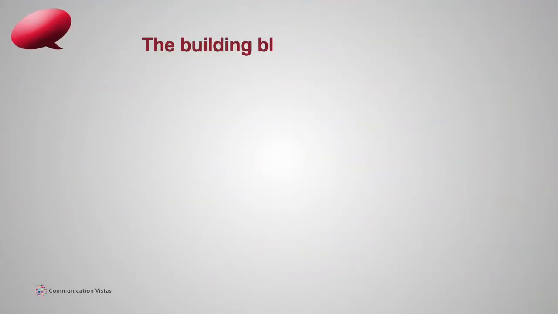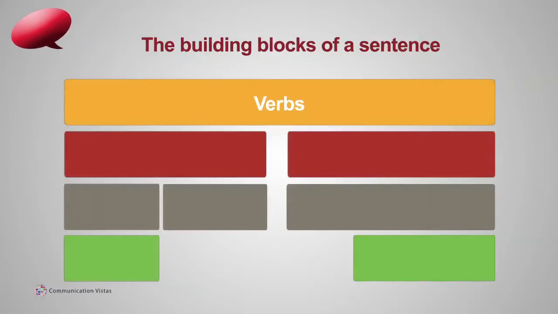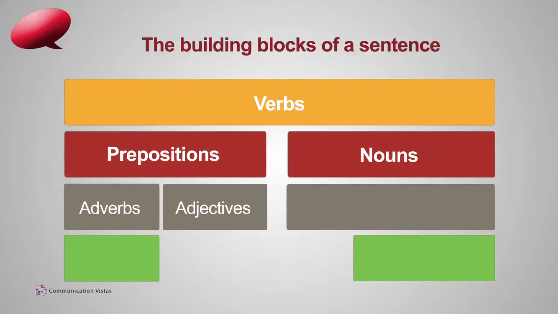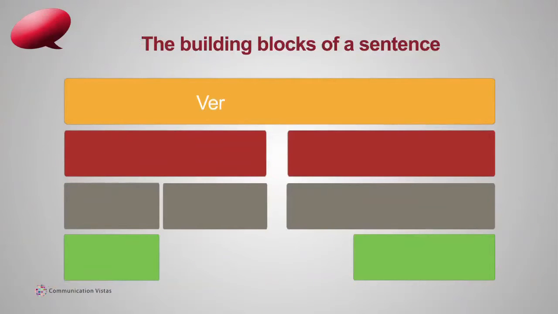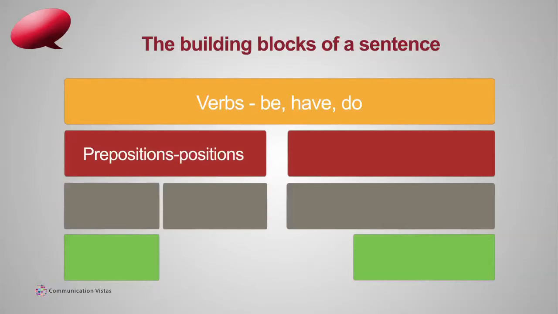The building blocks of a sentence: verbs, prepositions, nouns, adverbs, adjectives, conjunctions, pronouns, interjections. Verbs tell us what the subject is, has, or does. Prepositions tell us the position and direction of an object or entity.